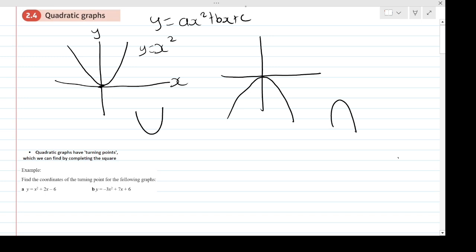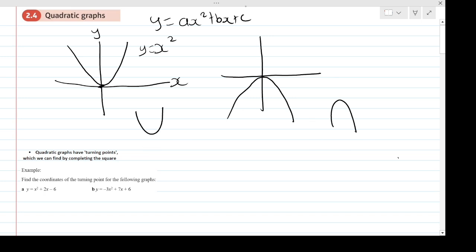So instead of going down and up, like the left graph, it goes up then down instead of down and up. It resembles a frown shape. So this looks like a smile, and this looks like a frown.